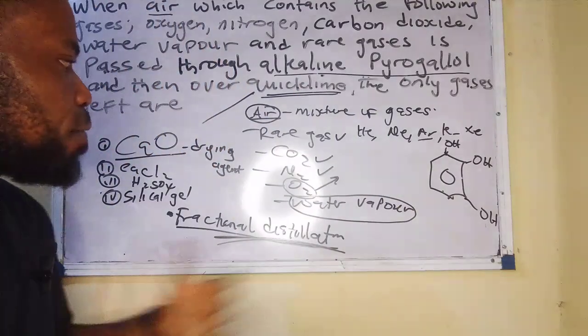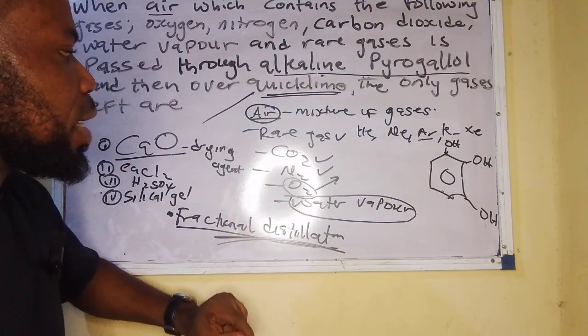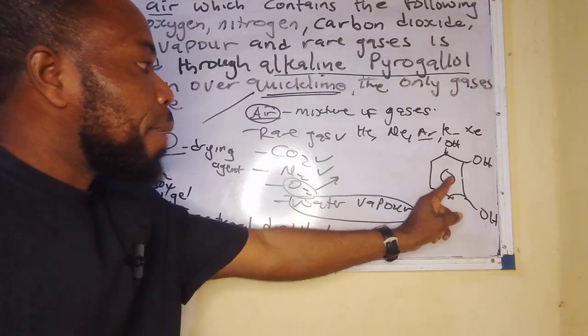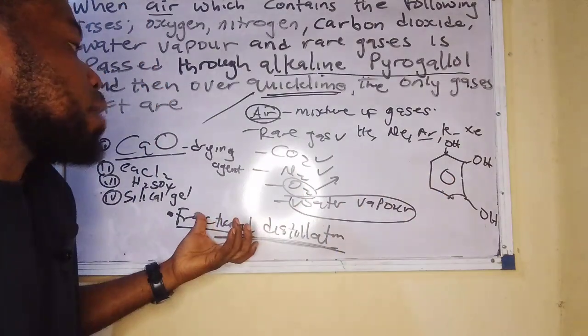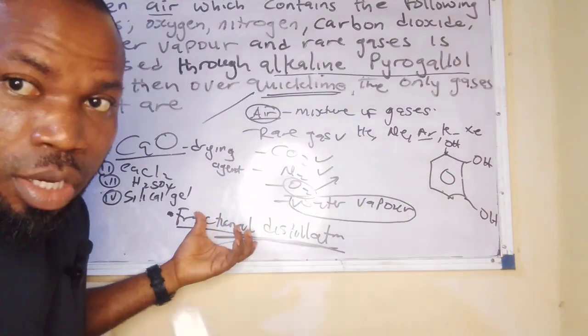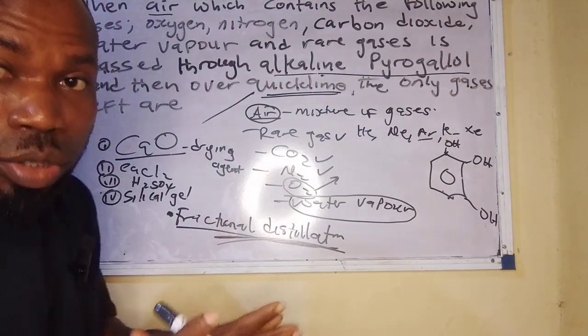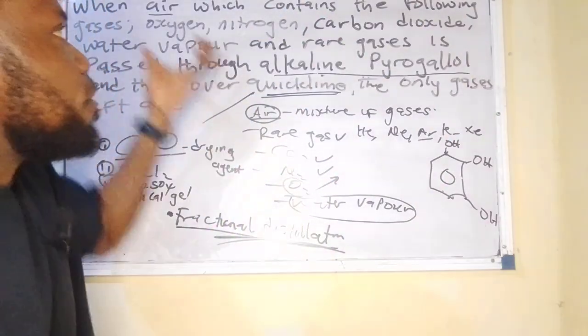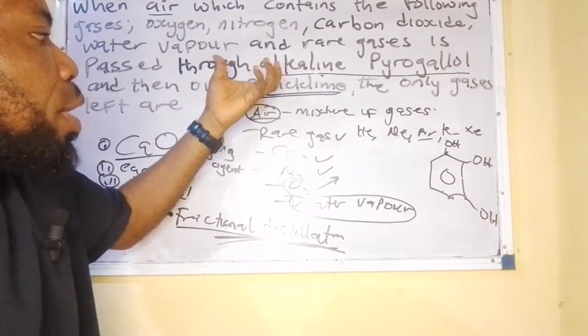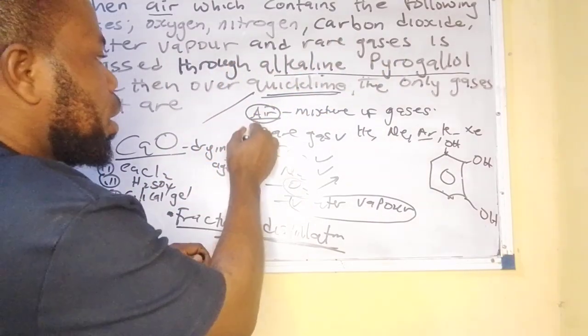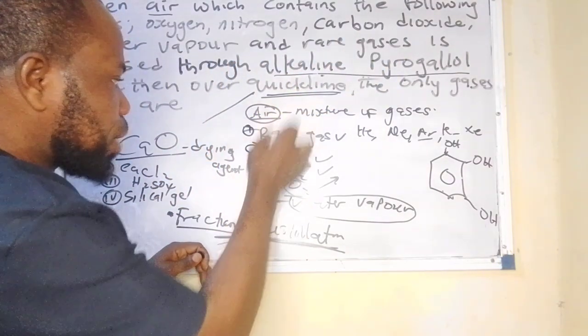Now we said again that it's not only alkaline pyrogallol that can remove oxygen from air. I can subject liquid air to fractional distillation, and nitrogen and oxygen are removed. So you can see that if air is passed through alkaline pyrogallol and quicklime, the constituents left are rare gas, carbon dioxide, and nitrogen gas.